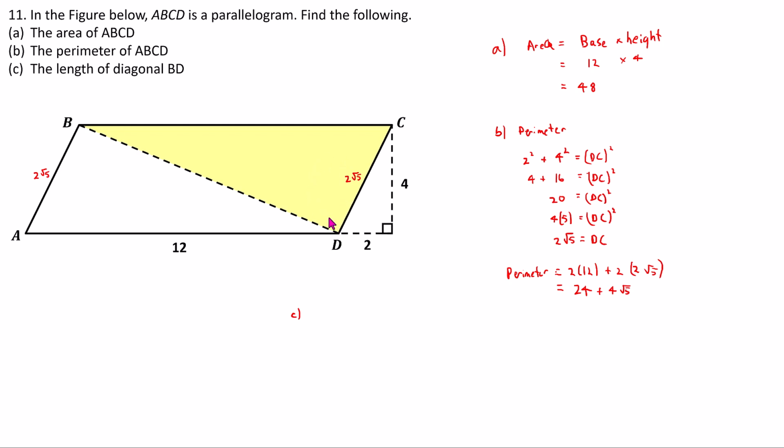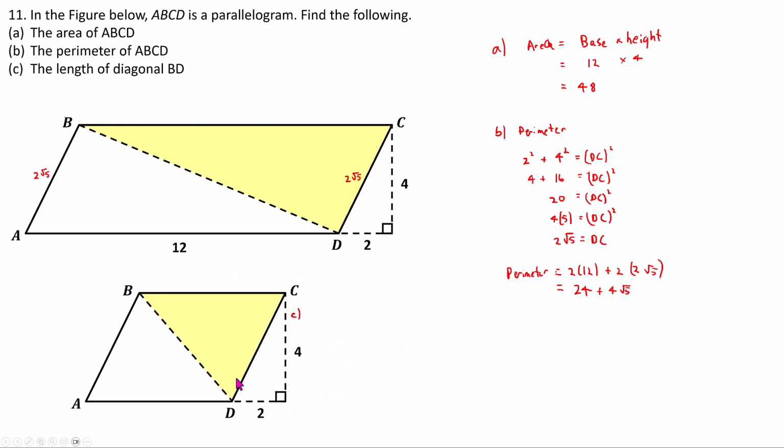So, does this angle D have to be a right angle? Well, one way to think about this is to imagine what would happen if we shortened the base of our parallelogram, this side AD. Instead of being 12, let's make it shorter. And look what happens.